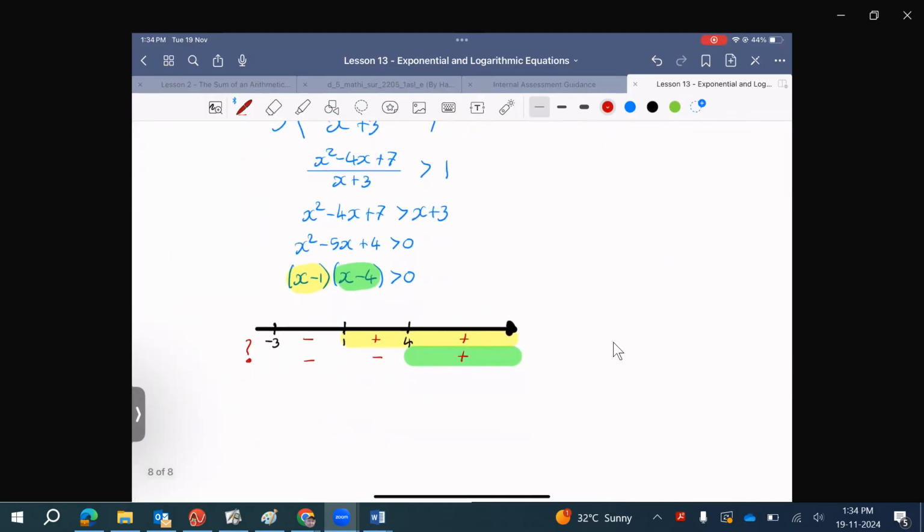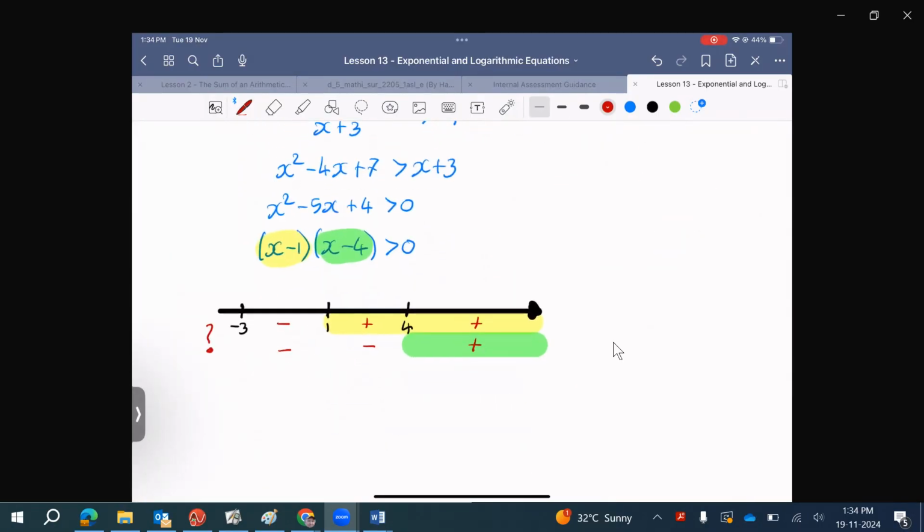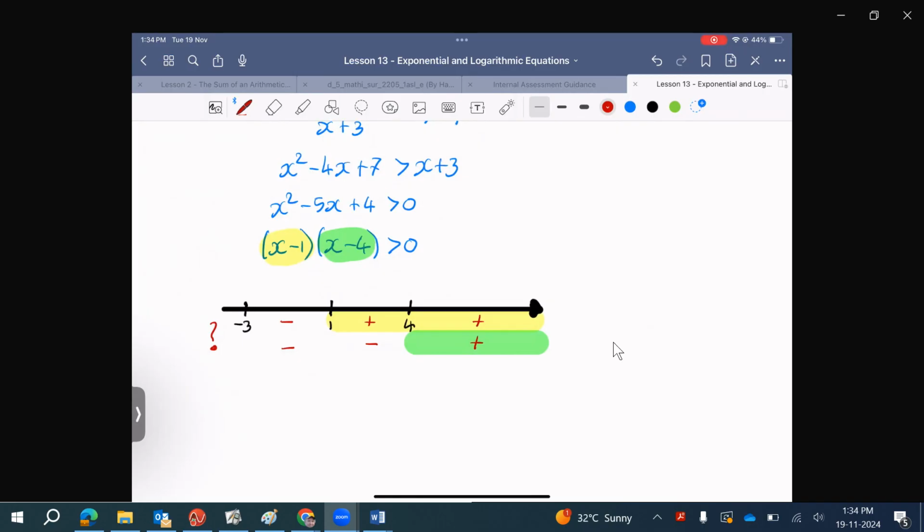We want the function to be positive, so the result in all of this is it's going to be positive here, negative here, positive here, and not defined there.